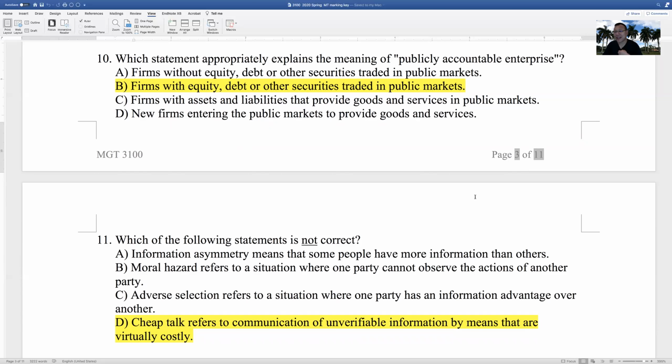In Canada, for example, the Toronto stock exchange. Let's say Canadian Tire, Shaw Cable, investors all buy equities from them. So they are considered publicly accountable enterprises.